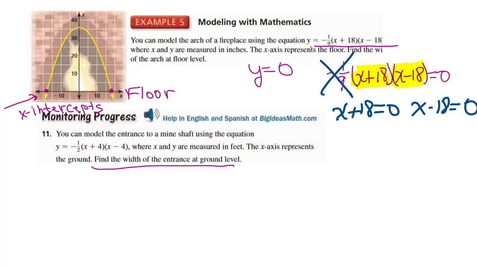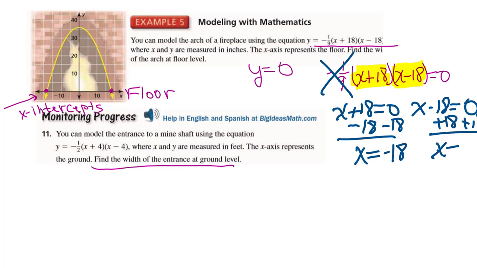and solve for x. I like factors like this when there's no number in front of the x because it's really just the opposite sign of what you're adding or subtracting. So I know that the second one, when I add 18, that's already the answer. So if you can skip right to that step, go right ahead. All right, so now we know our two x-intercepts. So what we have here now is that this point is at 18 inches and the other point is at -18 inches.